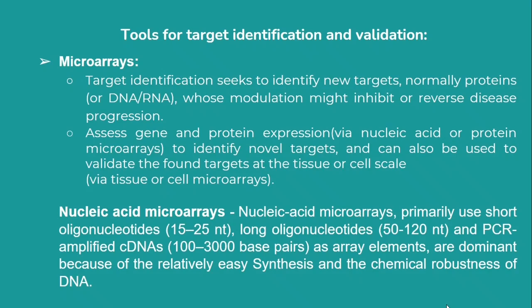Array-based gene expression analysis has enabled parallel monitoring of cell transcription at the level of the genome. Thus, nucleic acid microarrays have a significant impact on our understanding of normal and abnormal cell biochemistry and thus on the choice of target for drug design.